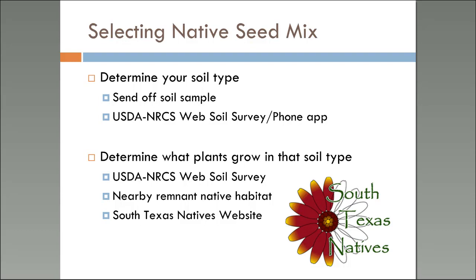If I were to get some seeds that do really well in West Texas and plant them in Corpus Christi, they may or may not do so well because the environment is different. Especially if I took plants that are used to a high rainfall belt like Corpus Christi to a dry area like West Texas, those seeds will likely not germinate. So knowing where your seeds originated from is really important when selecting your native seed.